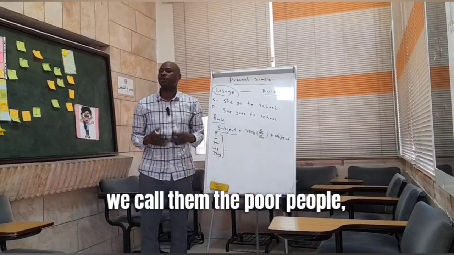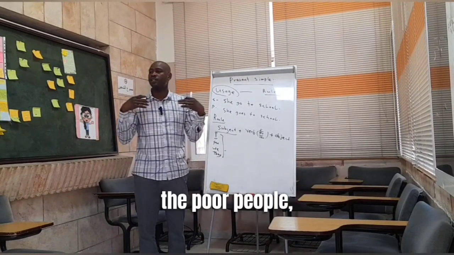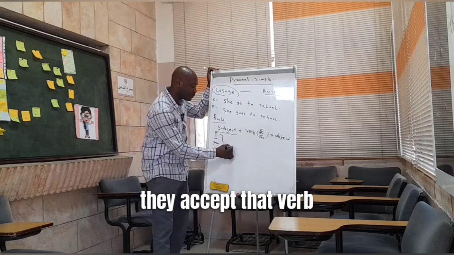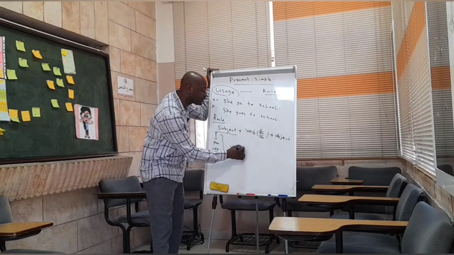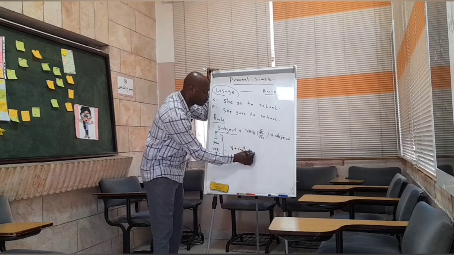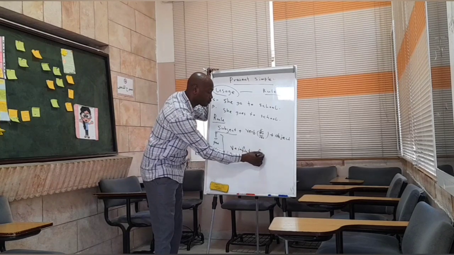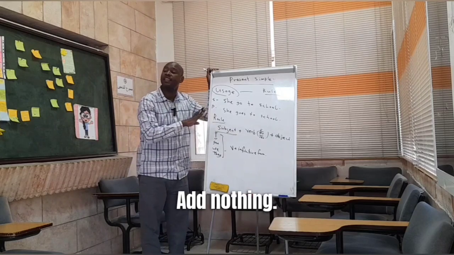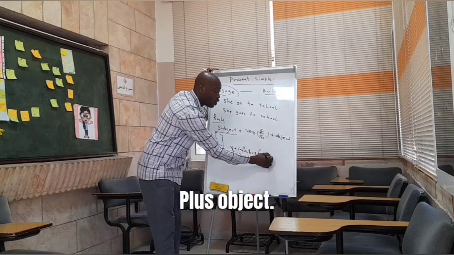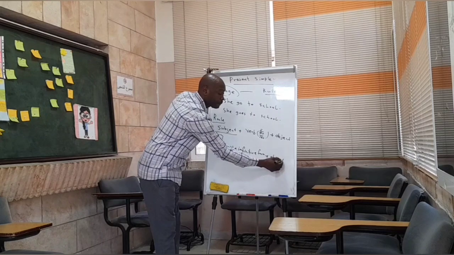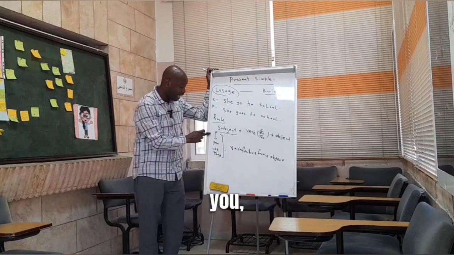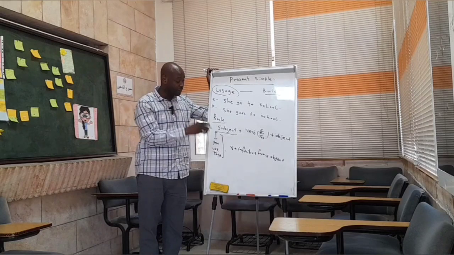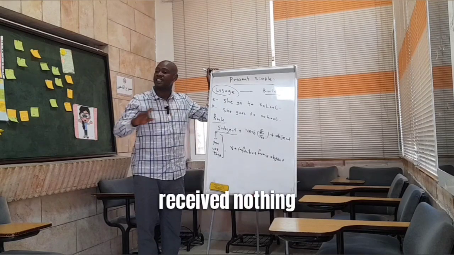We call them the poor people. Okay? The poor, يعني المساكين. Why do we call them the poor? Because they accept the verb in infinitive form. Infinitive form, it means what? With nothing. Add nothing, plus object. So if we find I, you, we, they, or a number of people, the verb receives nothing.